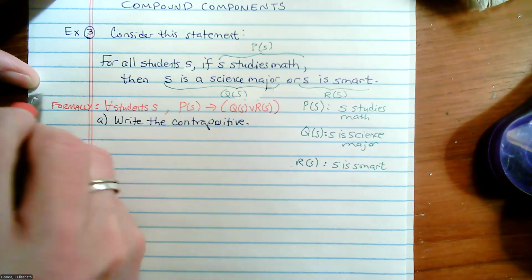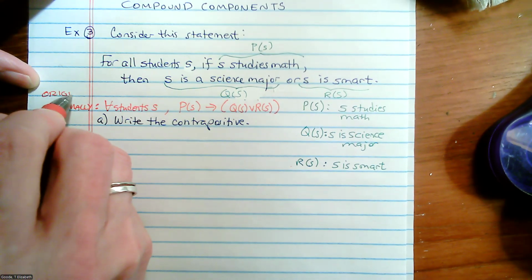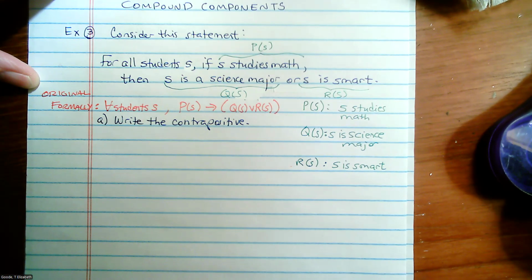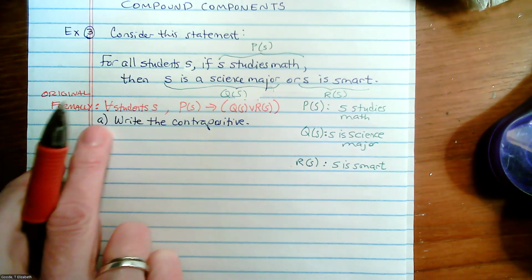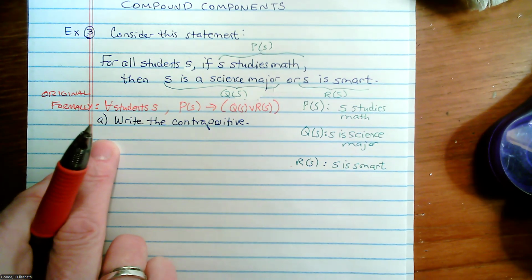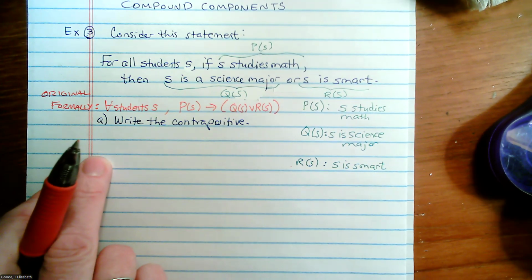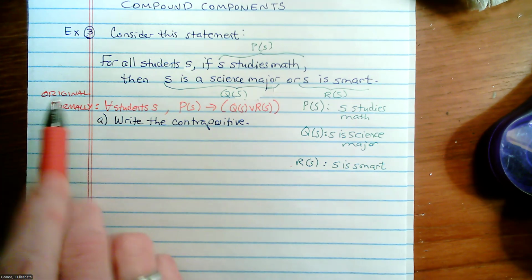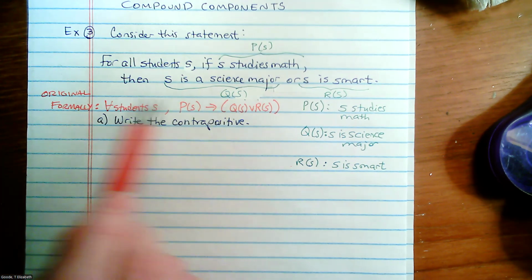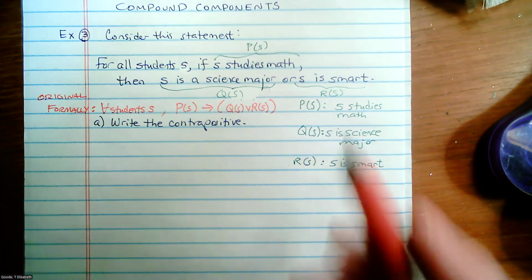That's the formal original, and that will help us. So do you want to write the contrapositive formally and then write it informally? It can be really helpful to use this key that you've made, right?